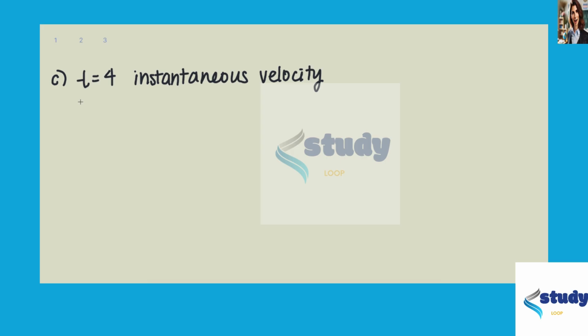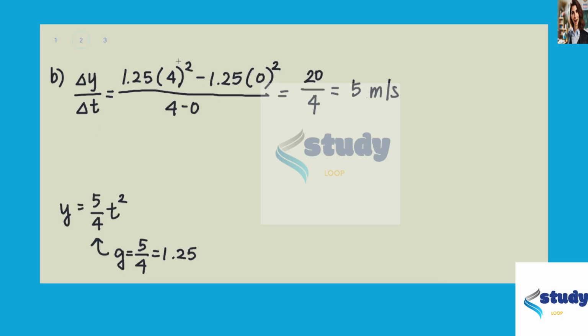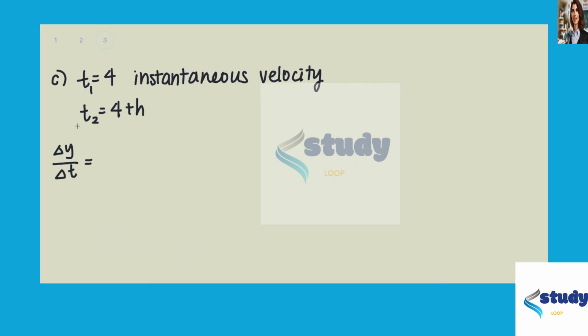To find the instantaneous velocity, we consider a time slightly after t equals 4 seconds, so we put 4 plus h as our final time. Again, we use change of y over change of t. However, this time, instead of substituting 4 like we did in part B, we substitute the final time, which is 4 plus h.